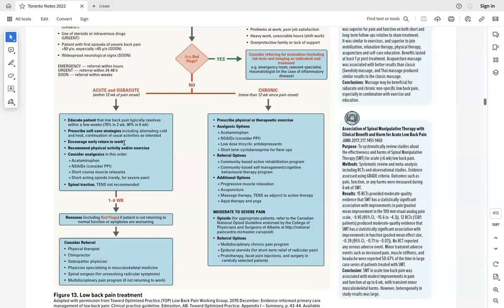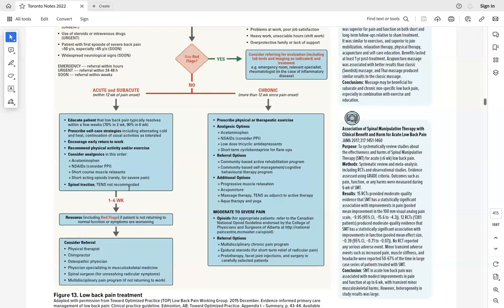So we have to encourage him and tell him that he has to return to work early. The earlier he returns to work, the sooner he'll get better. Recommend physical activity and exercise. Similarly, consider analgesics, acetaminophen, NSAIDs, then a short course of muscle relaxant, and opioids rarely used.